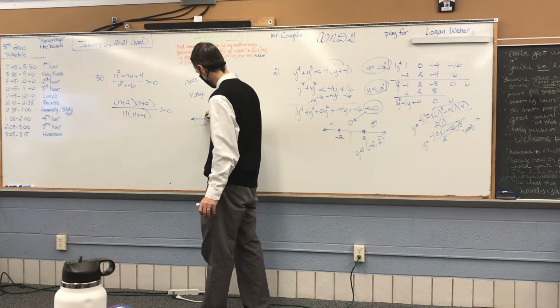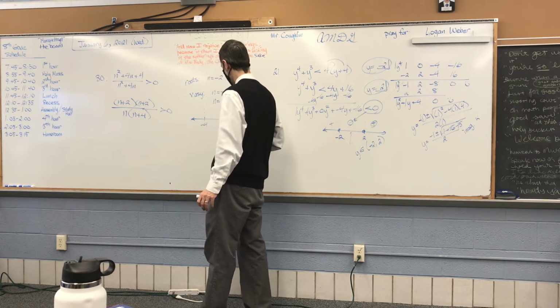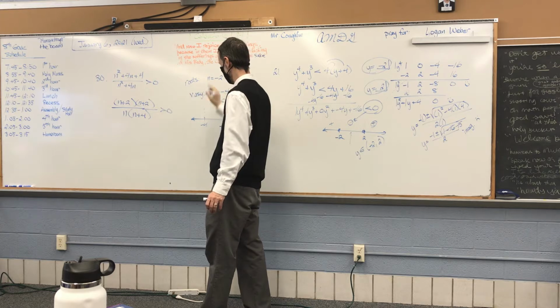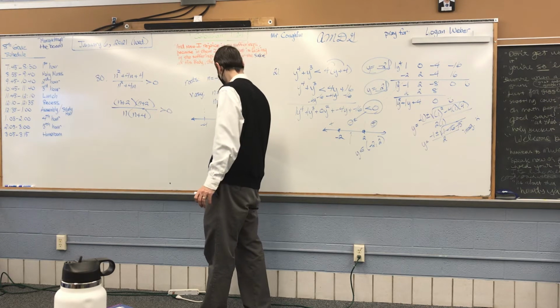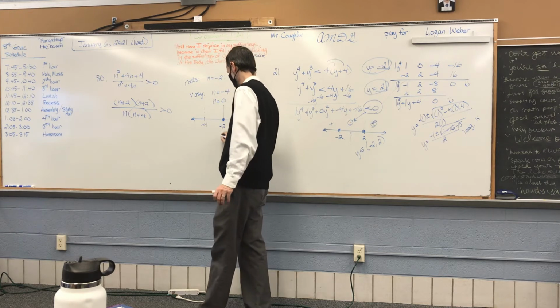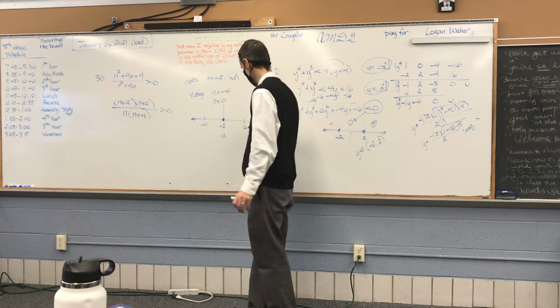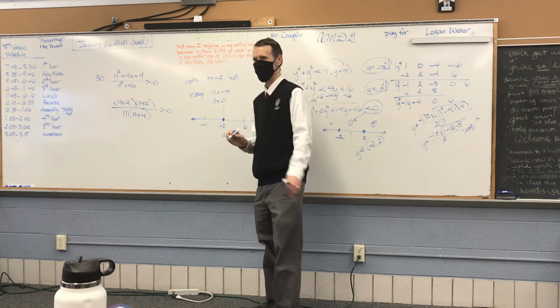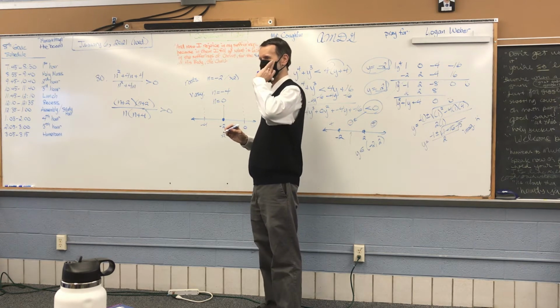A dot and then a line going up, for the vertical asymptote. And what kind of a root is this? Double. Yes, we mark it as double. And then same thing for the vertical asymptote.